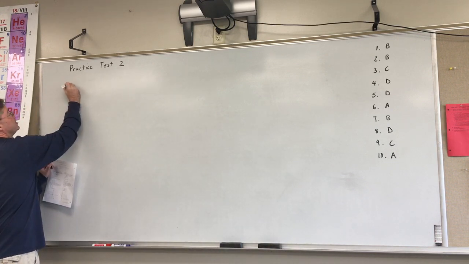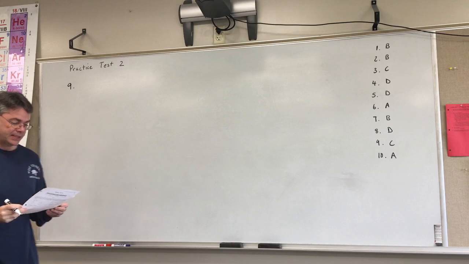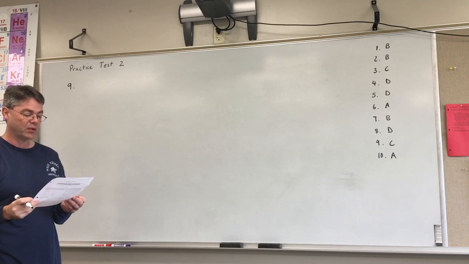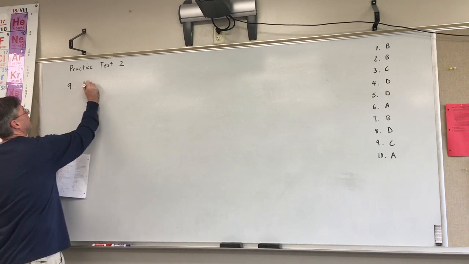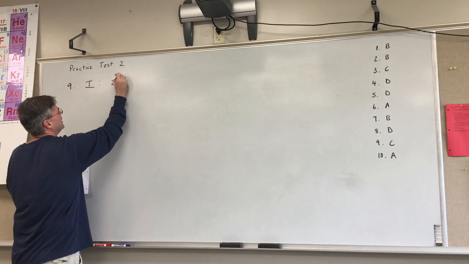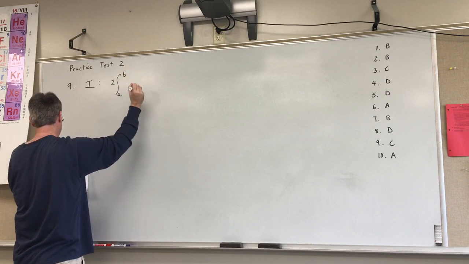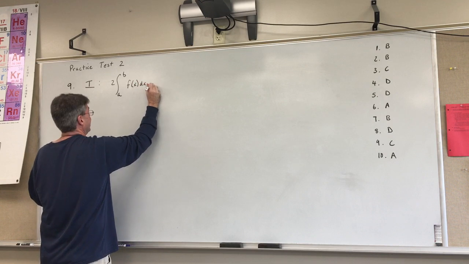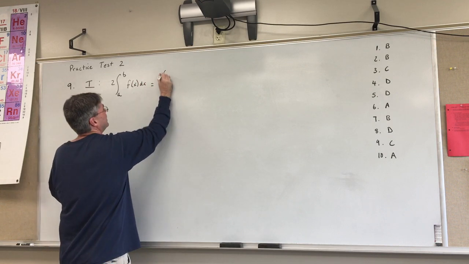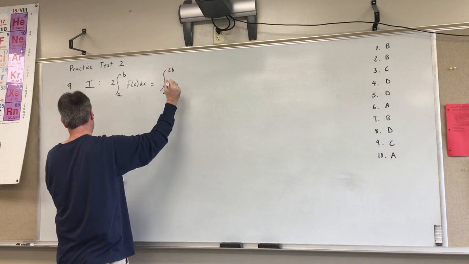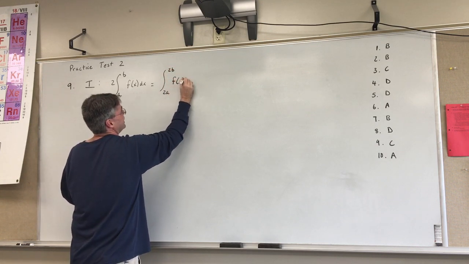All right, 2 more from this video. Number 9 says if a function f is continuous for all values of x, which of the following statements are always true? Okay, and number 1, we have 2 times the integral from a to b of f of x dx is equal to the integral from 2a to 2b of f of x dx.